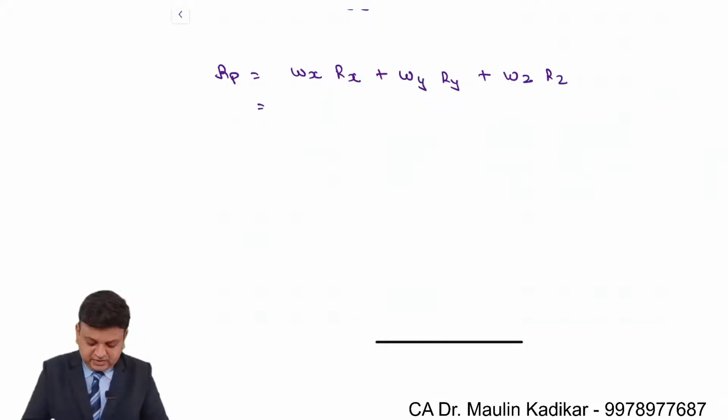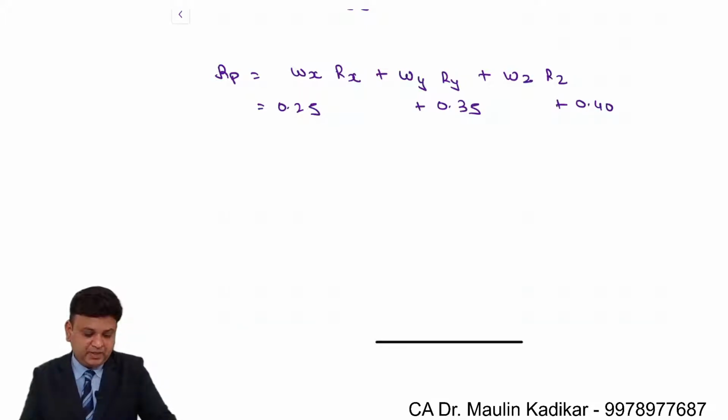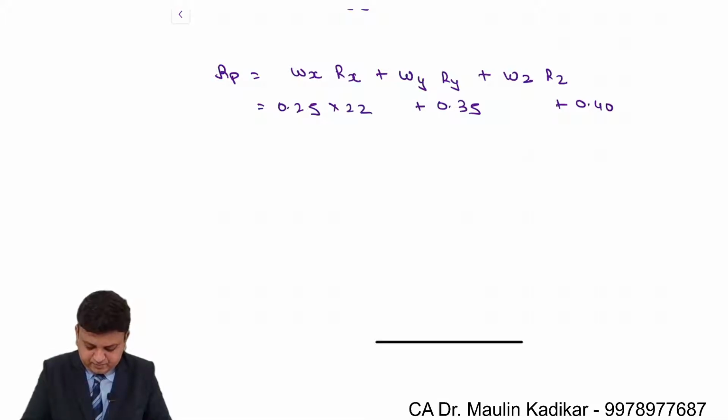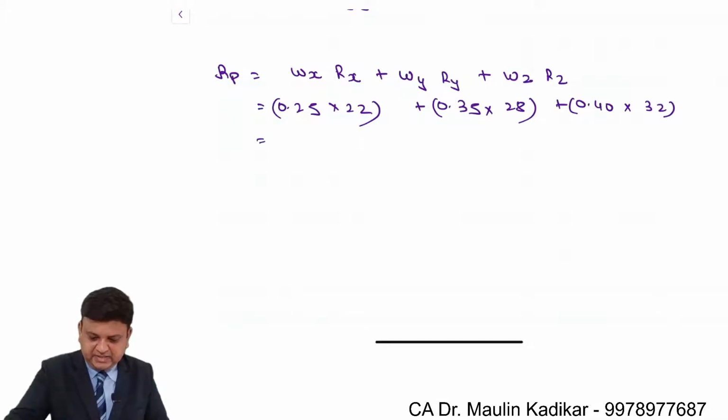See, we have made investment in the proportion of 25%, 35% and 40%. Return of x is provided to us as 22, for y it is 28 and for z it is 32. That is the way we are required to make the computation of return of the portfolio.